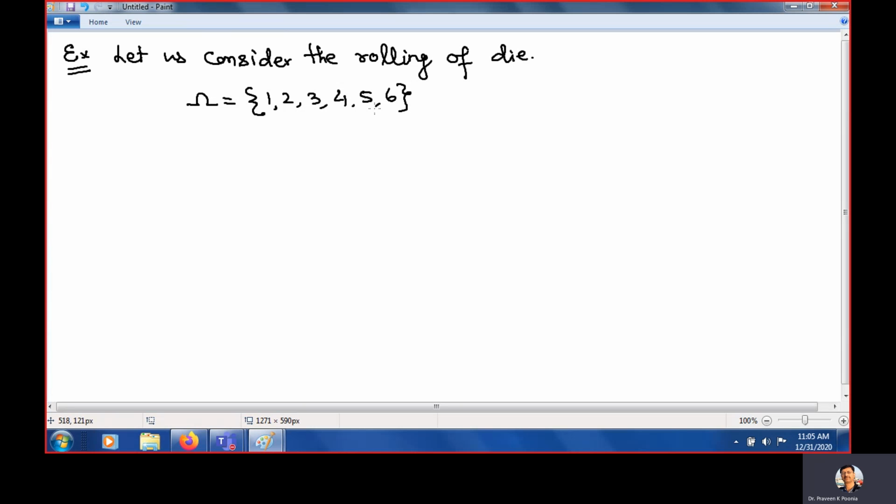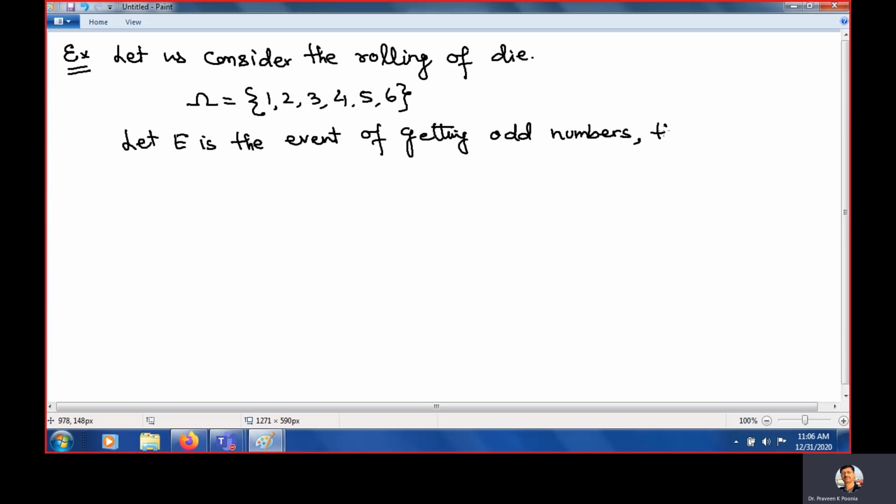Now consider E is an event. Let E be the event of getting odd numbers. Then what is the value of E? E is getting an odd number: 1, 3, 5. Clear? So this is about E.